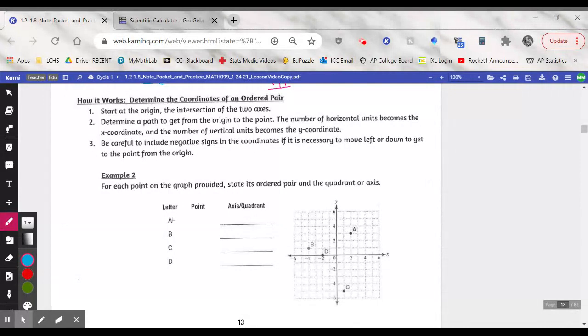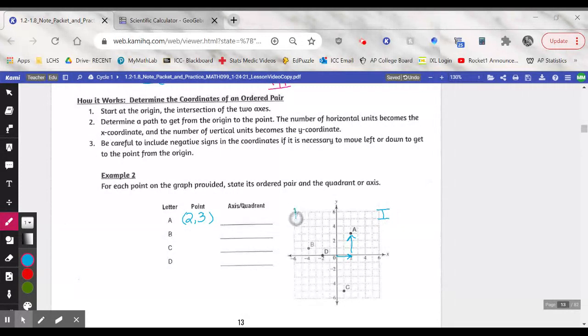So looking at letter A, we first want to identify if it went left or right. So it went to the right 2, and we also see that it went up 3. So both are positive. So the point for A would be at 2, 3.